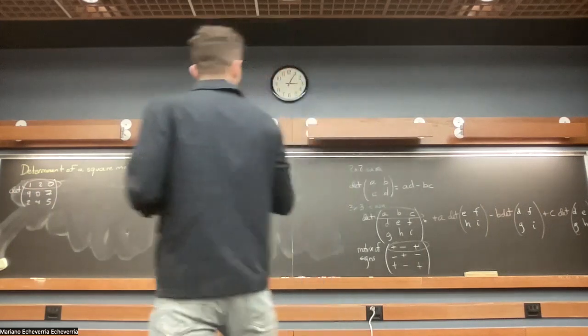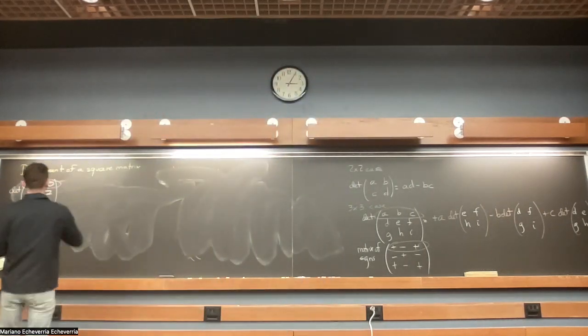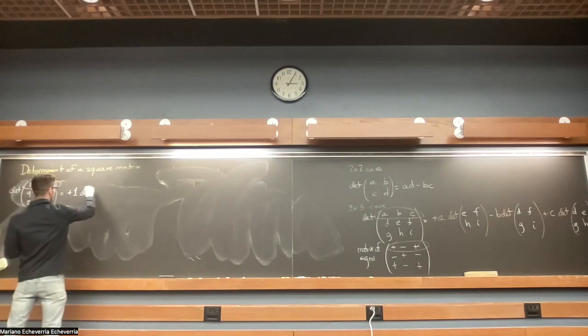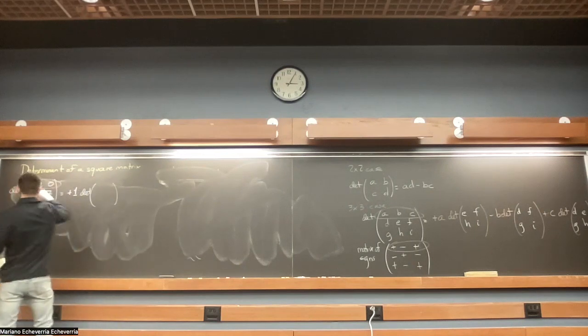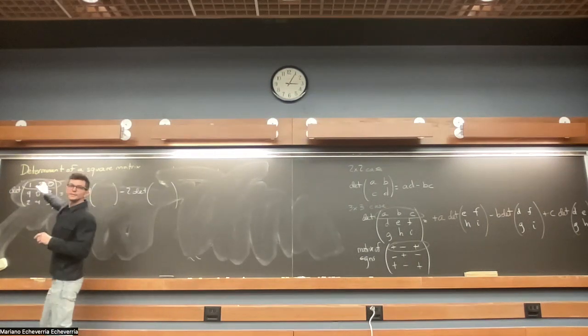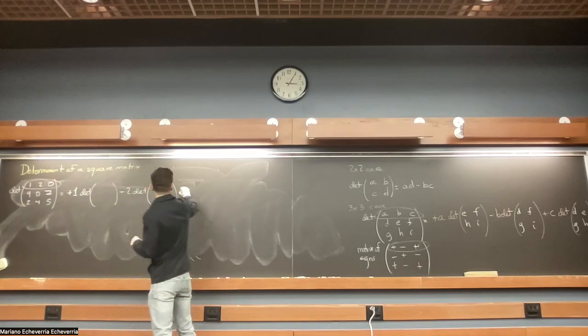And if you look at the formula, it is plus 1 times the determinant, minus 2 times the determinant, plus 0 times the determinant, right?